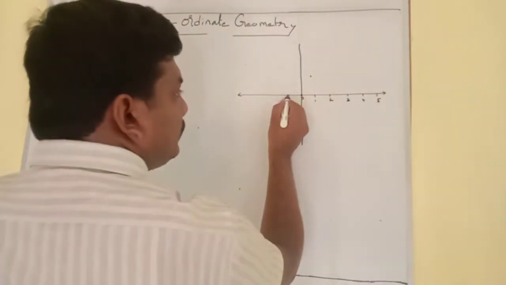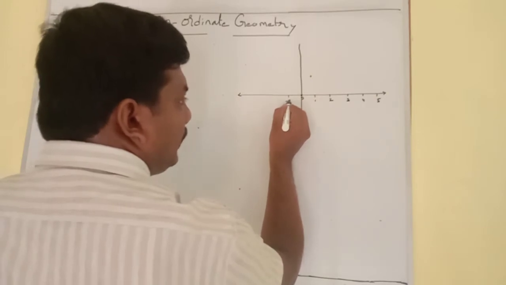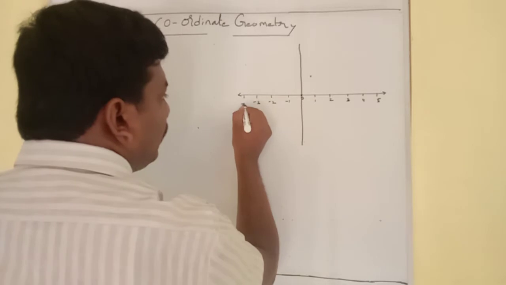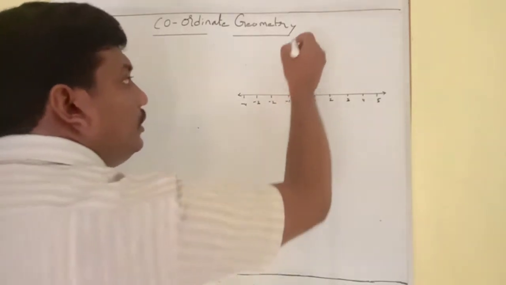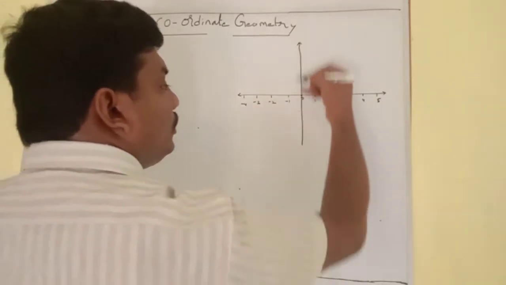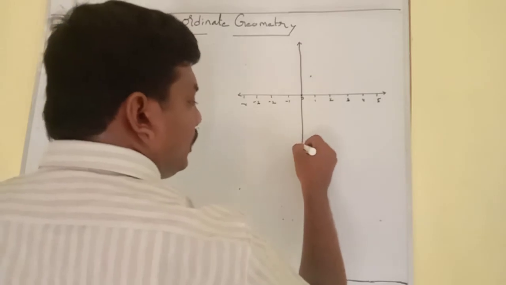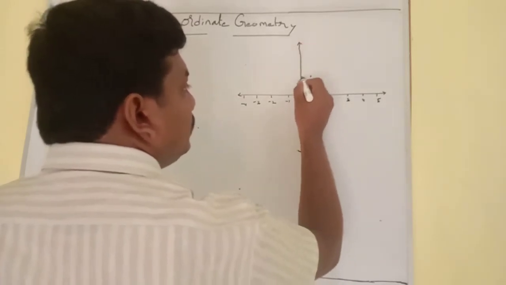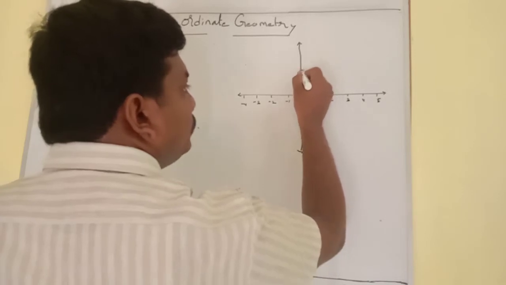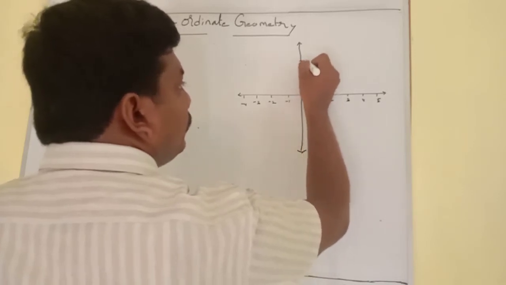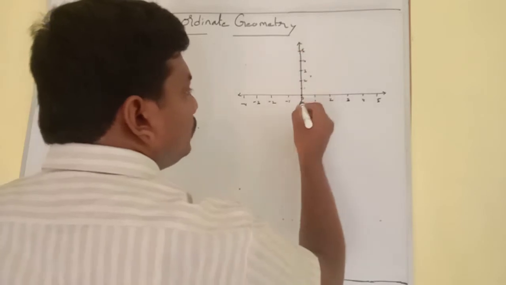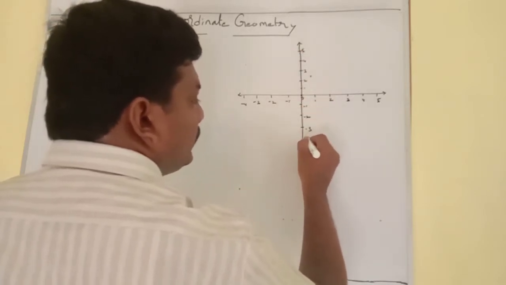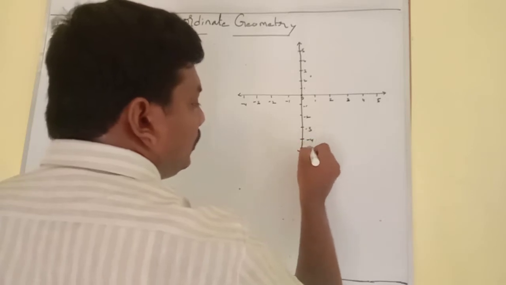On the left side, this is -1, -2, -3, -4. In the same way, on the vertical line we should consider values: this is 1, 2, 3, 4, 5, and this is -1, -2, -3, -4, -5.